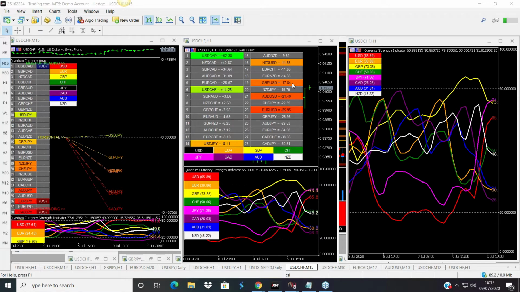It's 17, and in fact, when I look at the chart, that value tells me that there isn't a lot of movement in the pair at the moment. There's been a much stronger move in the Aussie. The Aussie dollar was actually the weakest, and also the euro dollar. So if I were just looking for an opportunity, cable was probably not one that I would be considering at this particular time on this particular time frame.